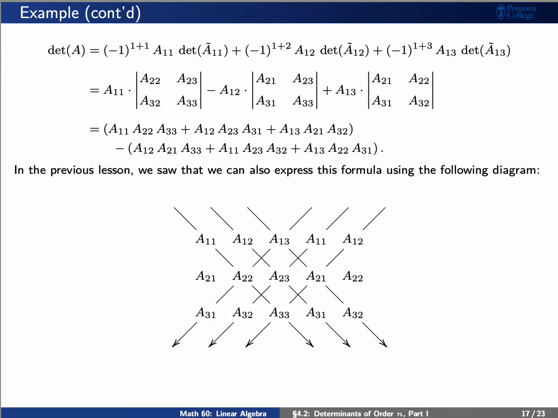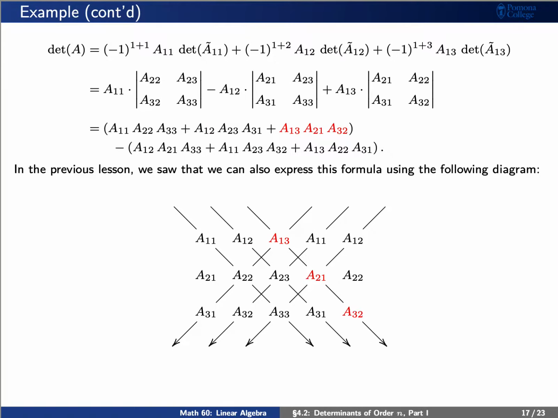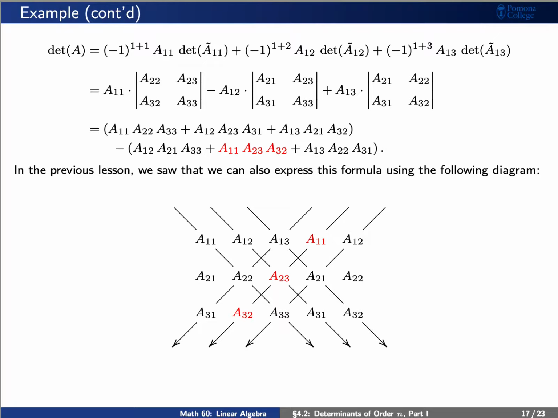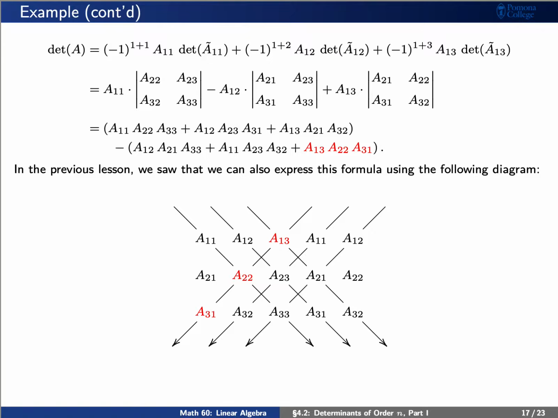As in the previous lesson, we found that we can really express this formula by using the diagram that you have here on the screen. As a reminder, along the arrows, we want to multiply the terms together. So for example, A11 times A22 times A33 plus A12 times A23 times A31 plus A13 times A21 times A32 minus A12, A21, A33 minus A11, A23, A32 minus A13, A22, A31.